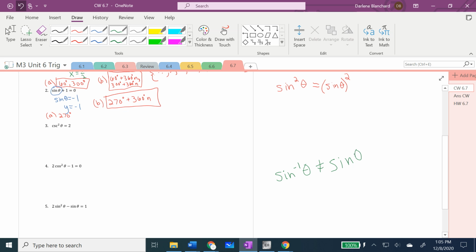This does not equal sine theta to the power of -1. This means an inverse function. If I put parentheses and a -1, then I'm really talking about the reciprocal function. Reciprocal and inverse are not the same thing.